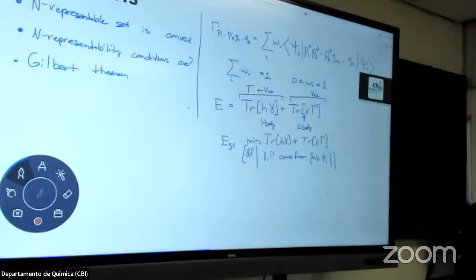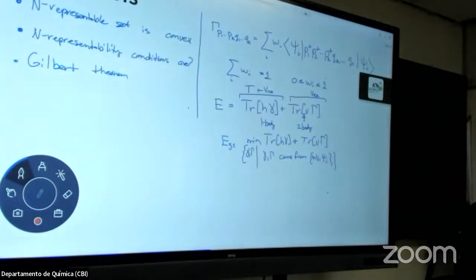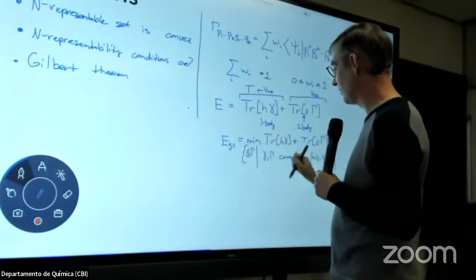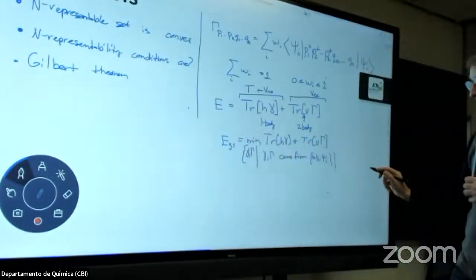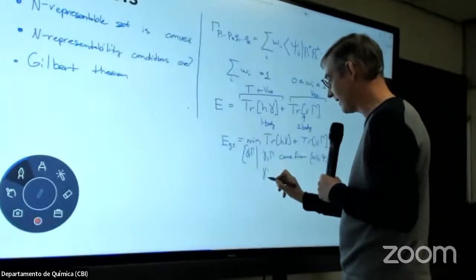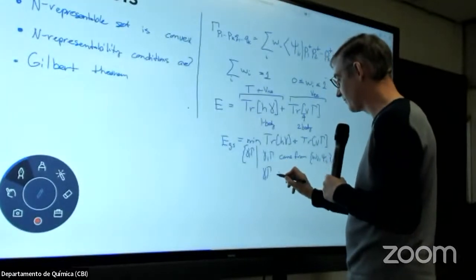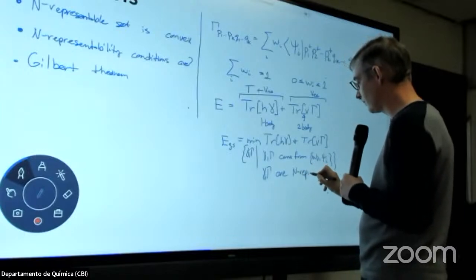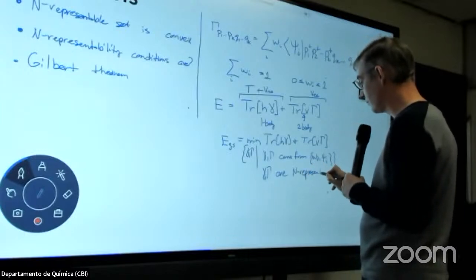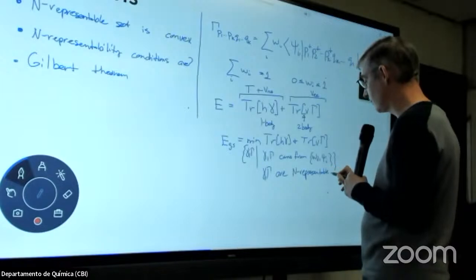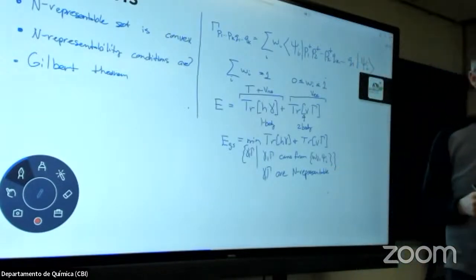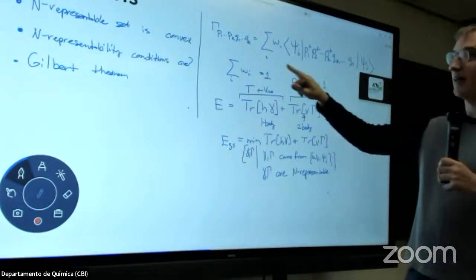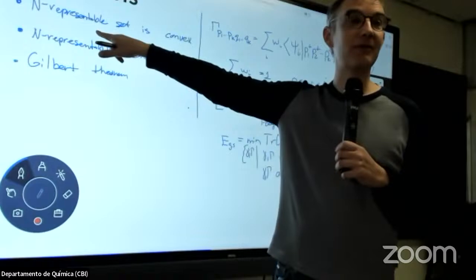I don't care what it is, as long as they come from something, right? And then this becomes an equality. This works. But you have to come from this, which is equivalent to what we said, gamma and gamma. It's equivalent to saying they're irrepresentable. That's what irrepresentability means. So now I want to understand this irrepresentable set, right?